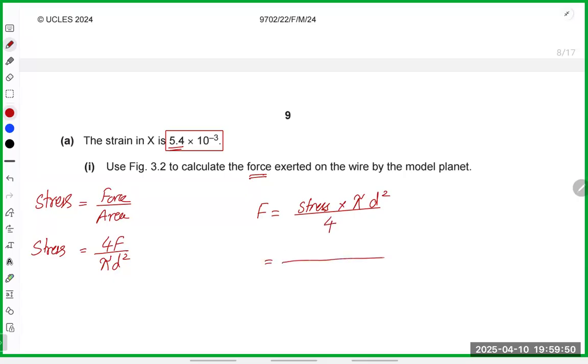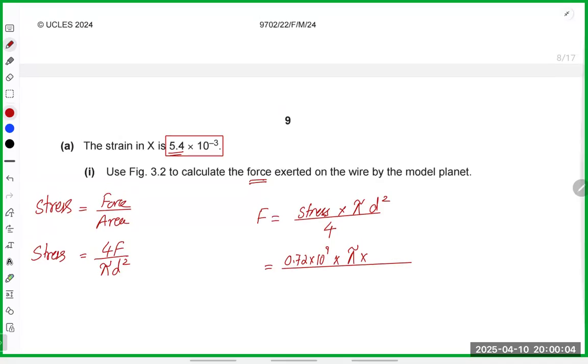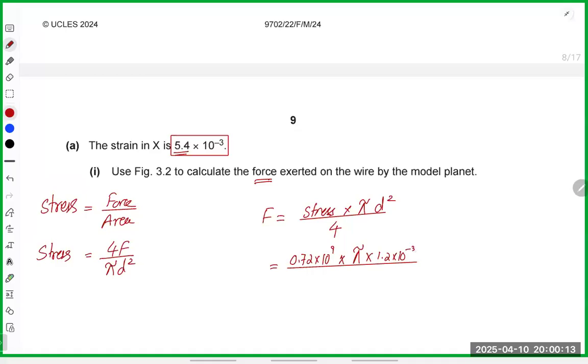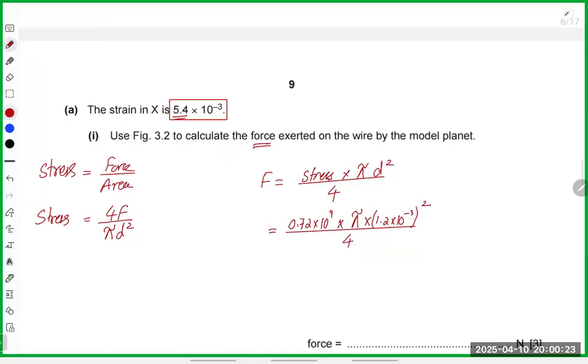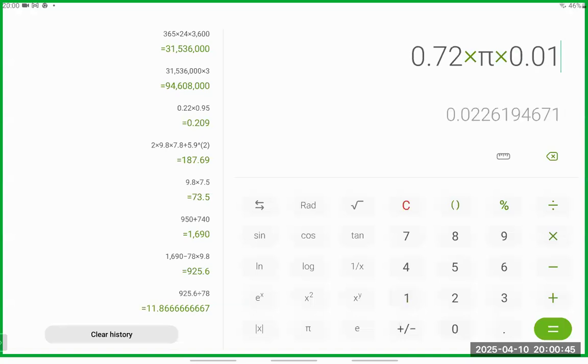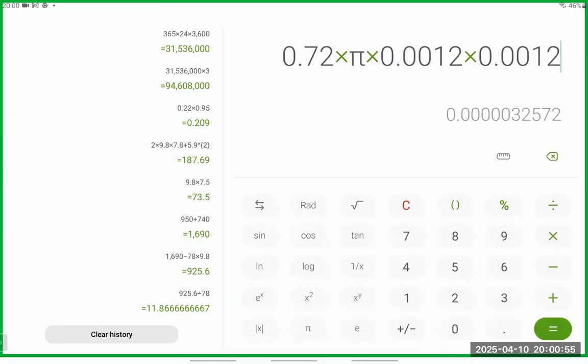So stress was 0.72 into 10 to the power 9 multiplied by pi multiplied by d, which was 1.2 into 10 to the power minus 3, whole square, divided by 4. 0.72 into pi into 0.0012 multiplied by 0.0012, divided by 4.